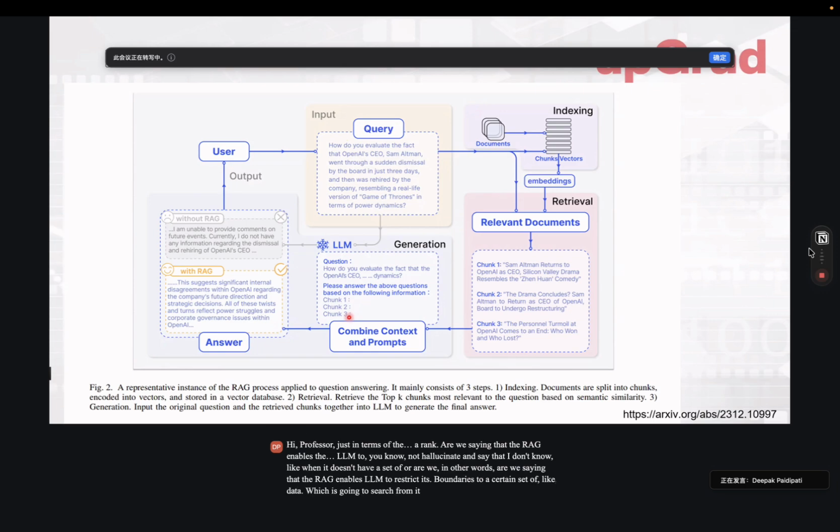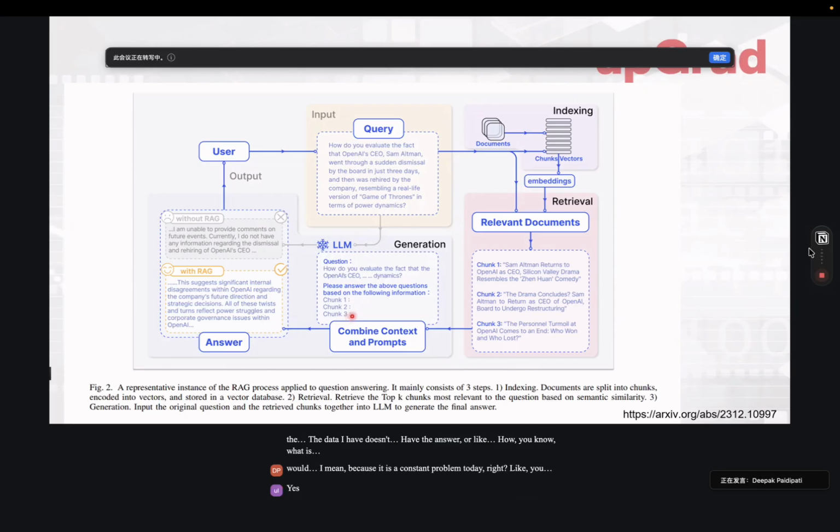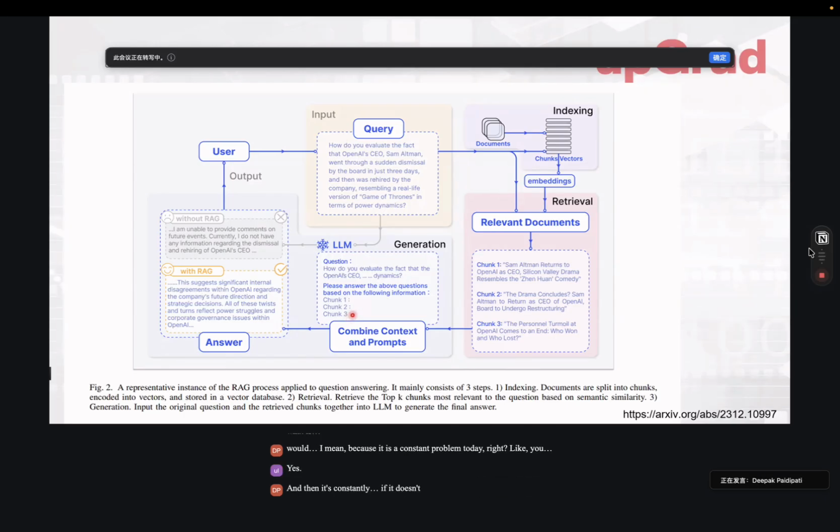If it doesn't find the answer, it's going to come back and say, I don't know the answer because the data I have doesn't have the answer. Because it is a constant problem today, right? If it doesn't have the answer, it's making up something.